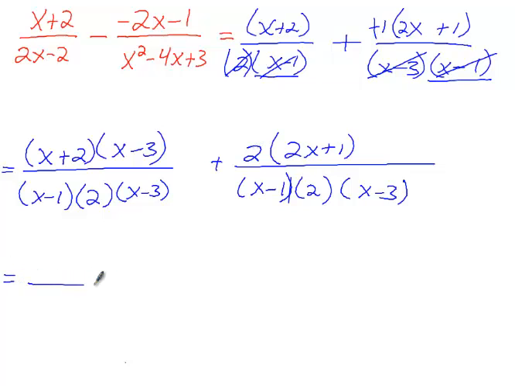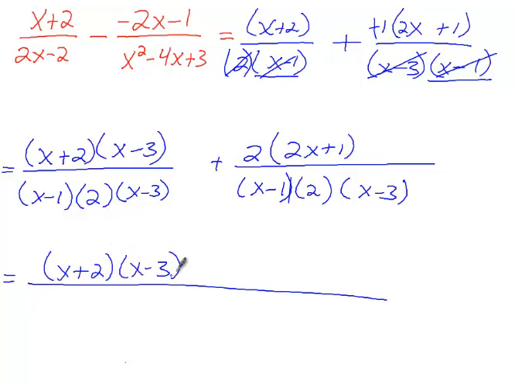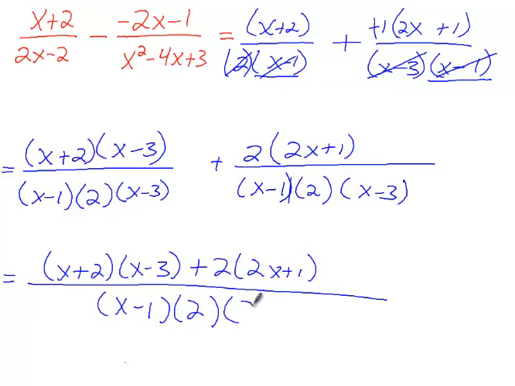So I can write this as a single fraction now. X plus 2 times x minus 3 plus 2 times 2x plus 1 all over my common denominator of x minus 1 times 2 times x minus 3. So any questions on the basic structure, though, as to what I'm doing?